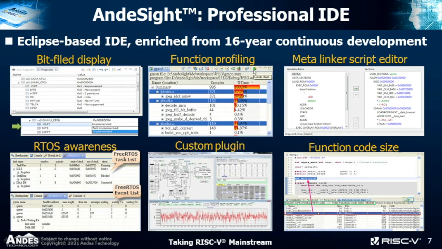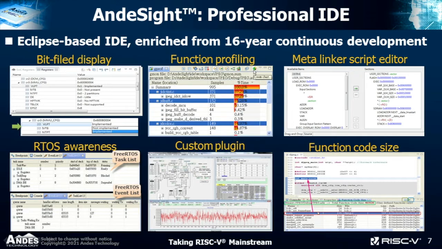Functional profiling, which shows the ratio of the total consuming time for each function, is very useful when optimizing the software. Meta-link script editor. We know the link script for embedded software is really annoying. With this feature, developers only need to write a concise version and let the tool do everything else.